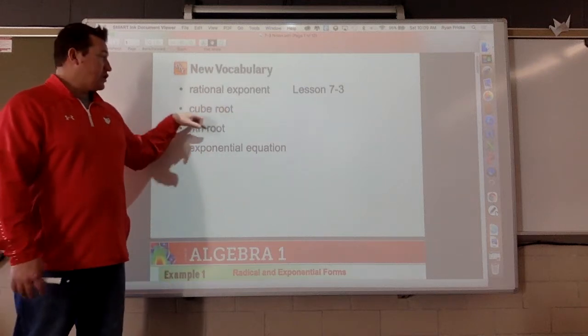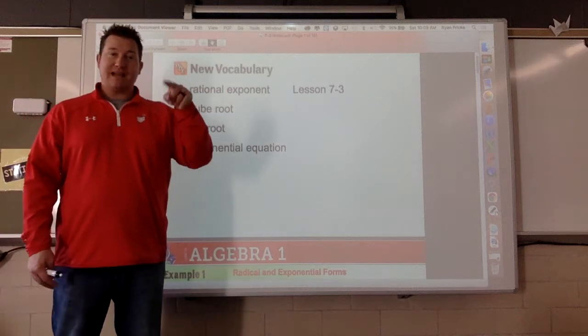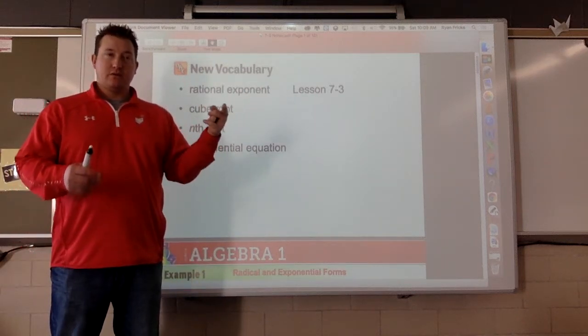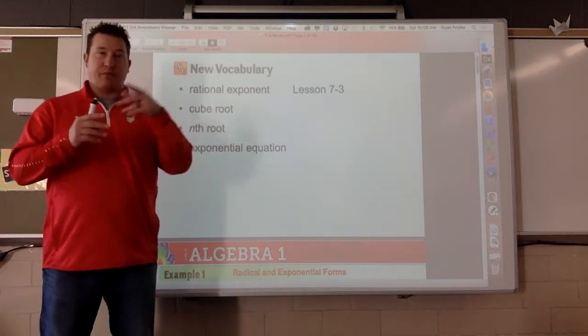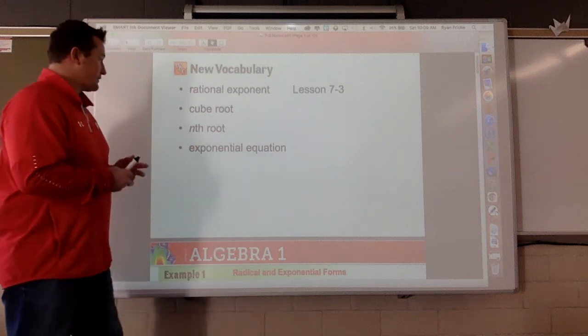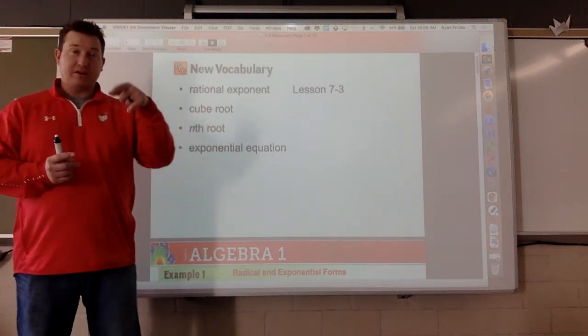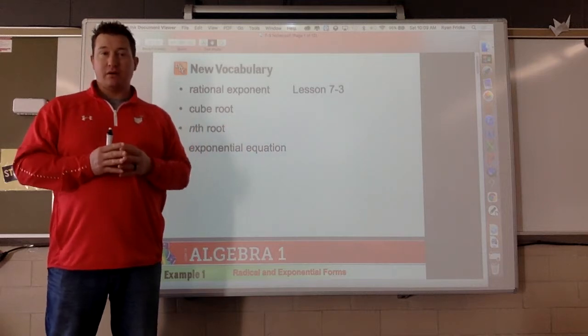So like the cube root, right, is 3. Cube is 3. So what number times itself 3 times, right, is 1,000? What number times itself 3 times is 125, okay? So these kinds of things. The nth root is just what number times itself, however many times you want it to be, is this number, right?